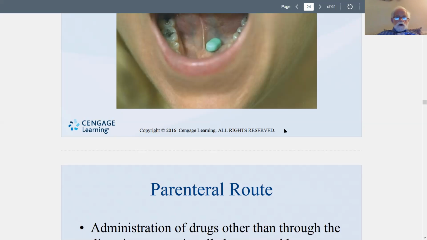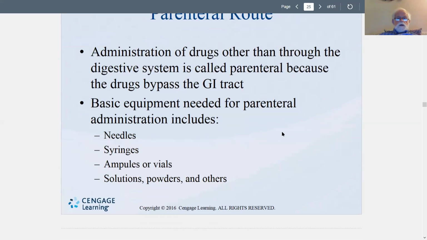So it's there. The parenteral route is what we call anything that goes into the body other than through the digestive system. There's some argument that only swallowed drugs would fall into the oral route or the GI tract, but we're not going to get into that.